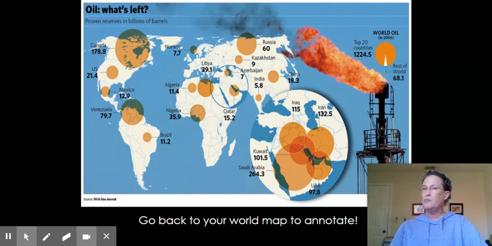So first of all, you're going to go back to that map on page 10, was it? Right, let's look back. So this is the map on page 10. This is where the oil is. And most of the oil, as you can see on this blown up area here, is in the Middle East.